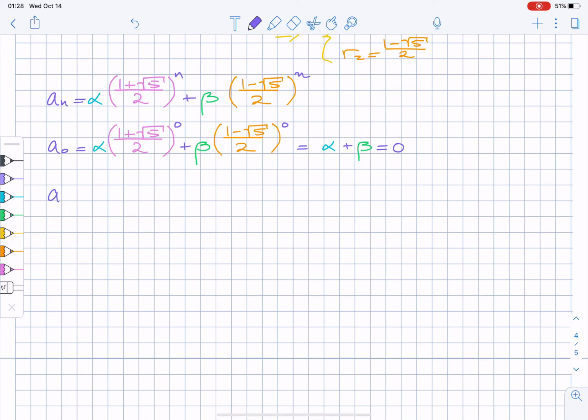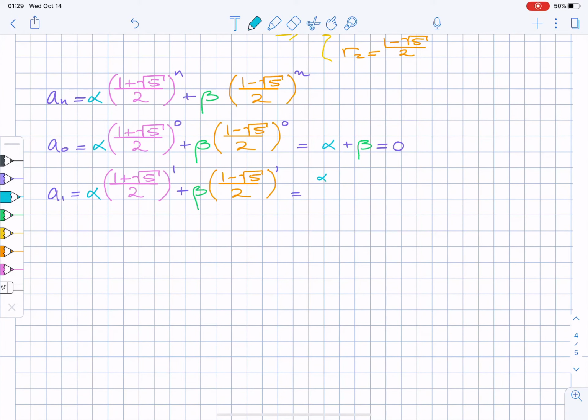A sub 1 is going to be alpha times this big ugly thing here, this pink fraction, r1, to the first power, plus beta times this big fraction here to the first power, which unfortunately is just what it is. So I'm just going to keep it the same way.